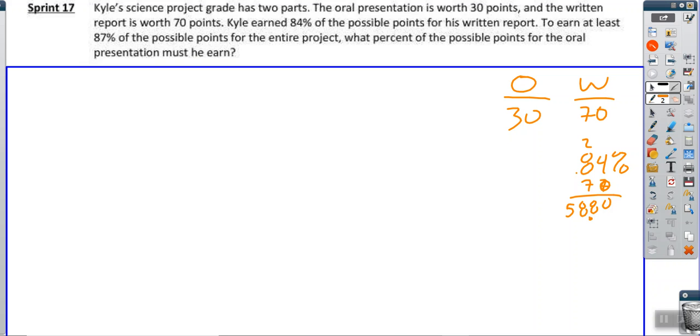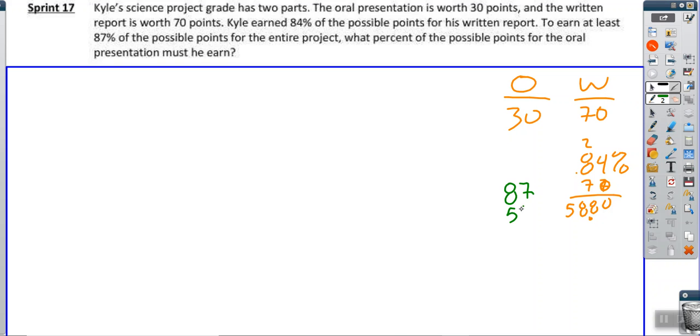And we are trying to figure out what score he needs to get all the way up to an 87 just by having a fantastic oral presentation. But not just the number, we want to know the percent. Yikes. All right, so it's going to be really close to 100%. So we have 80, we want an 87.